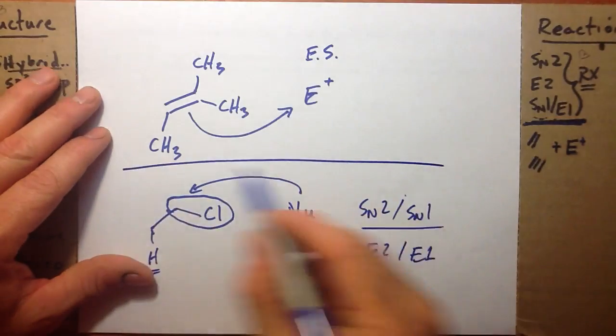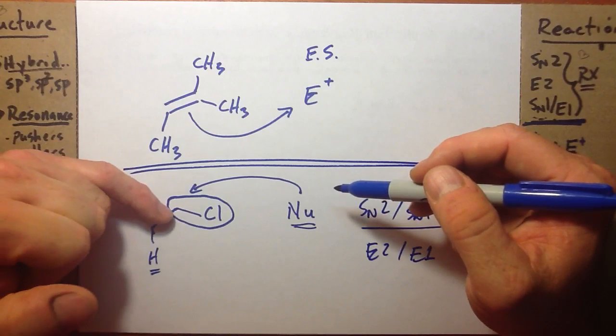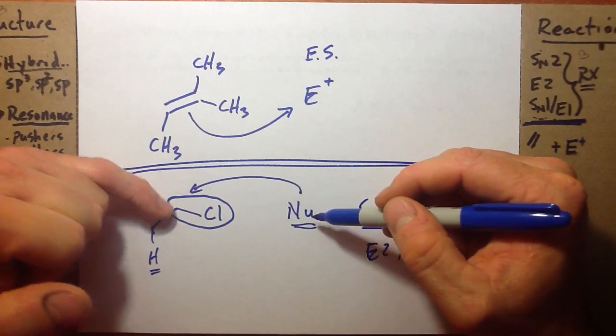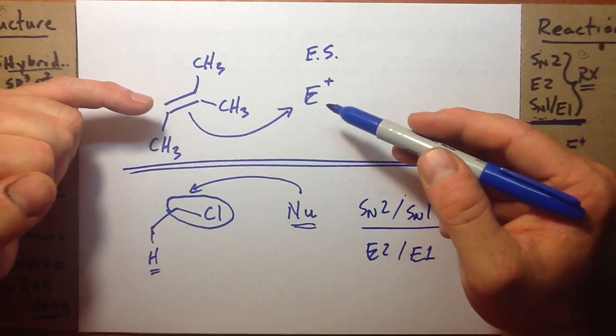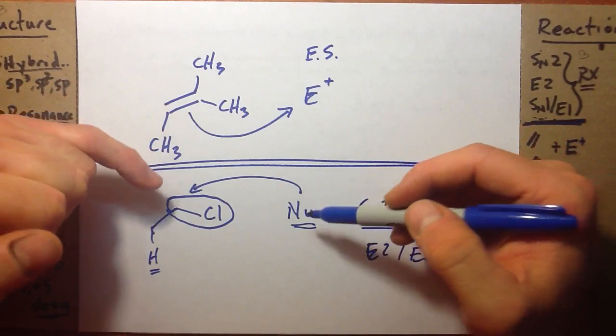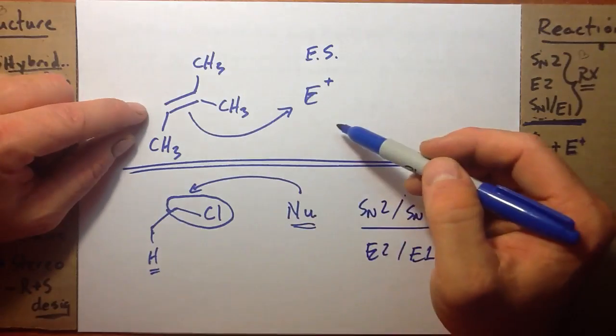But the significant difference between alkyl halides and how they react and alkenes and how they react is in the way we understand the polar reactions. This was being attacked. This is attacking an electrophile.